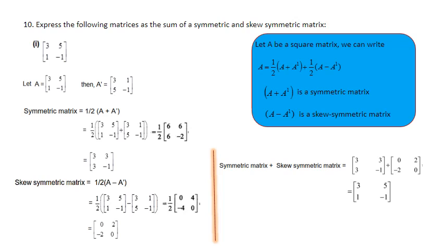When you add both, 3 plus 0 is equal to 3, 3 plus 2 is equal to 5, 3 plus minus 2 is equal to 1, minus 1 plus 0 is equal to minus 1. This is the same as the given matrix A. Here it is, the given matrix A. So the A matrix we have written as a sum of symmetric and skew symmetric matrix. That is the conclusion of our question.